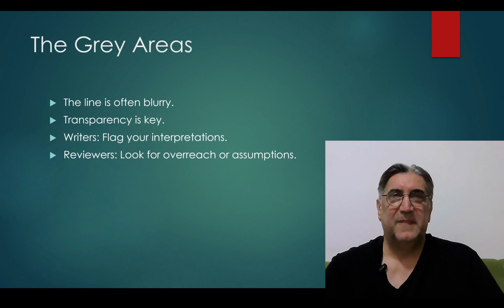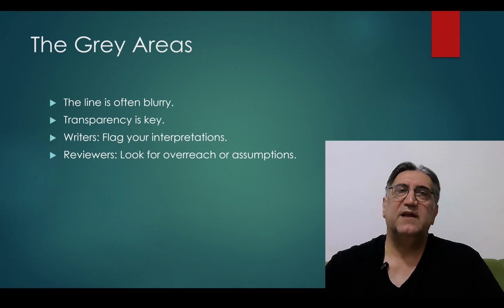Now, let's be honest. In real research, the line between description and interpretation gets blurry. And that's okay. It's not about being perfectly objective. That's impossible. What matters is transparency. If you are writing research, be clear when you are interpreting.